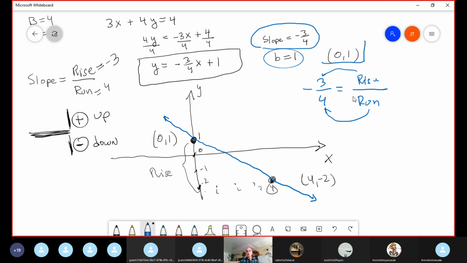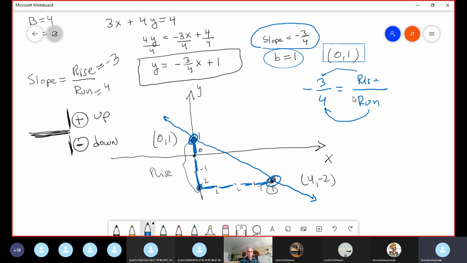So from the first point I plotted before, I move, doesn't matter the order, but I prefer to move the rise first, which is negative 3. I move 3 units down, 1, 2, and 3. And 4 units to the right, 1, 2, 3, and 4. And we get the second point. Connecting both points with a straight line, and that's it. Clear?